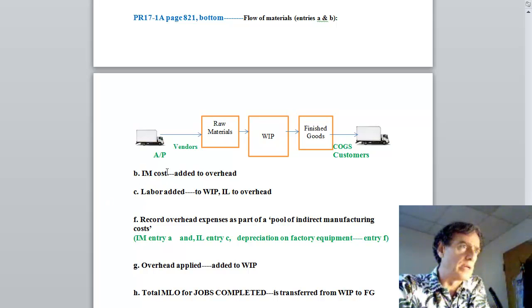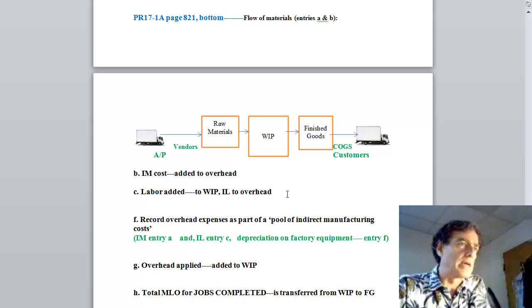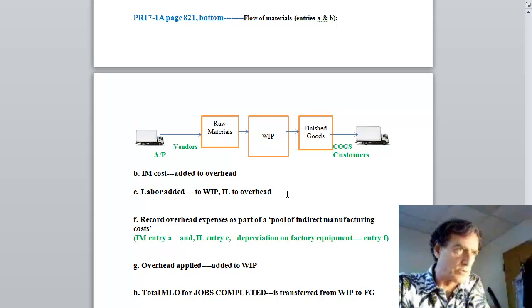Entry B, we're going to be recording indirect material costs like we did in exercise 1713, which adds to the overhead pool. Then we'll deal with labor in entry C, which is increasing WIP and indirect labor for factory overhead to go into the factory overhead pool. We'll deal with other kinds of expenses in F, both that which pertains to overhead, factory related, and office expenses are not part of overhead, and there will be period costs.